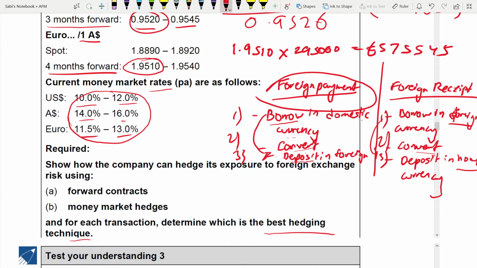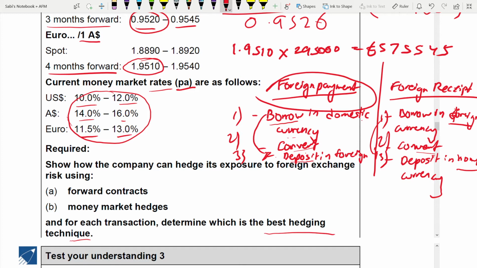Think. You need to think. Okay, forget about this line. The second line is not there. For US we have 10% and 12%. For euro we have 11.5% and 13%. And these are per annum. Okay, don't forget, we have to take it for 3 months.